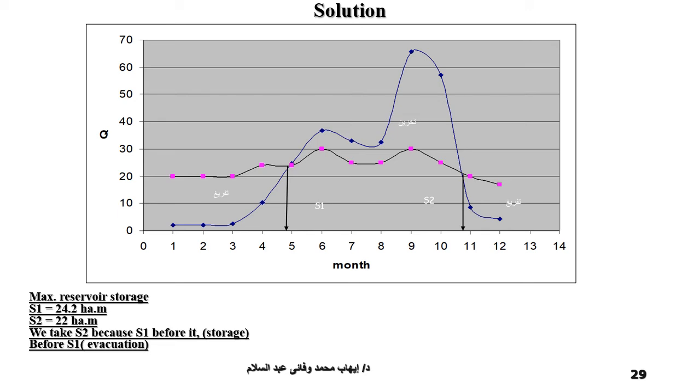There are two curves like that for reservoir storage. We arrive at S1 and S2. Before S1 there is evacuation. Before S2 there is storage. After S2, evacuation. For this reason we take S2, because before it is storage.